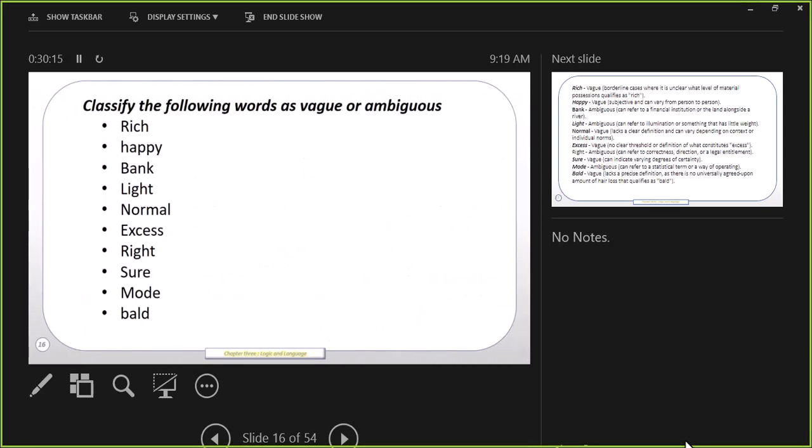Can you tell which word is vague and which one is ambiguous and why? Your name? Kedus, father name? Badilu. Rich, vague or ambiguous? Vague. Happy? Next, happy.